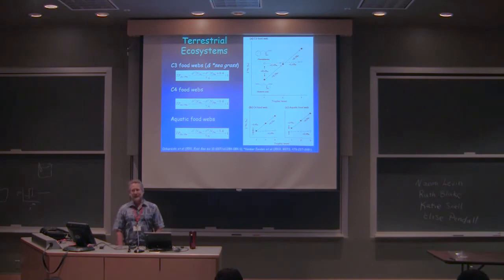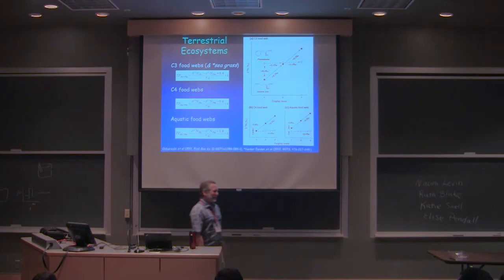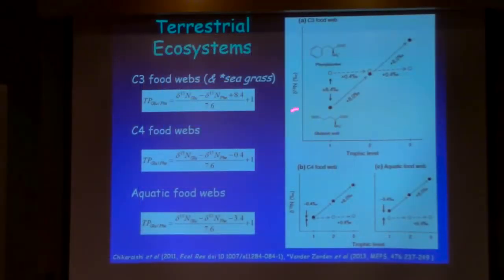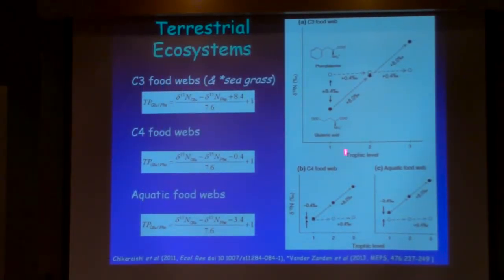Okay, this is a little bit of a spoiler alert for those who are dealing with both terrestrial and marine systems, but it's by no means a showstopper. The difference between the isotopic composition of glutamic acid and phenylalanine is very different in terrestrial C3 plants than aquatic.